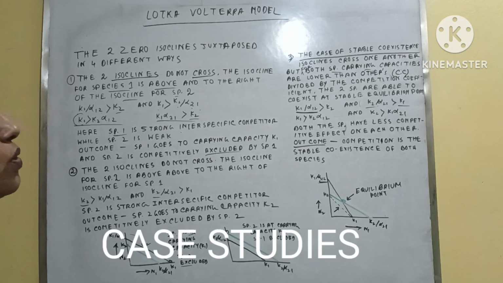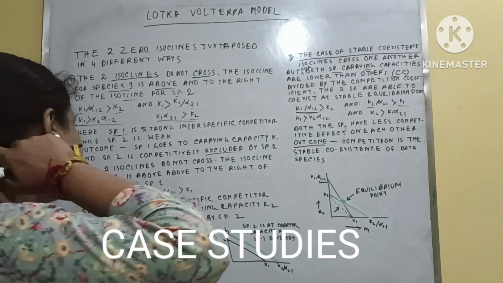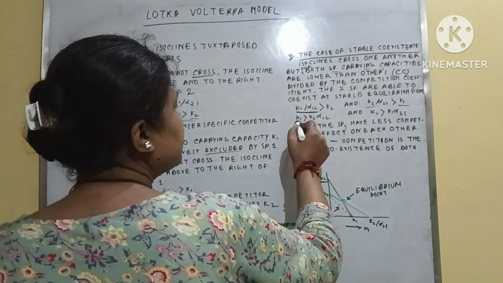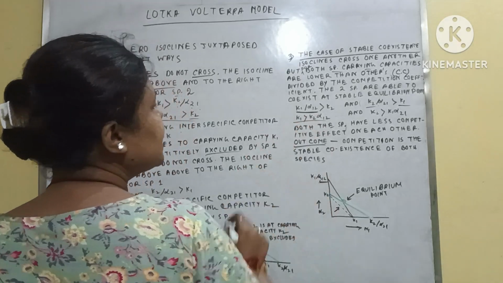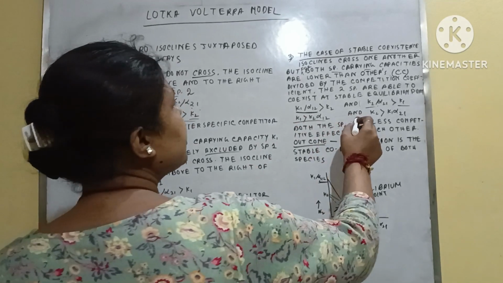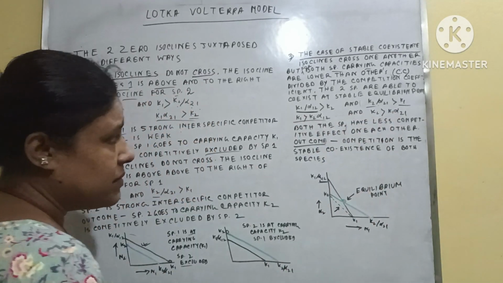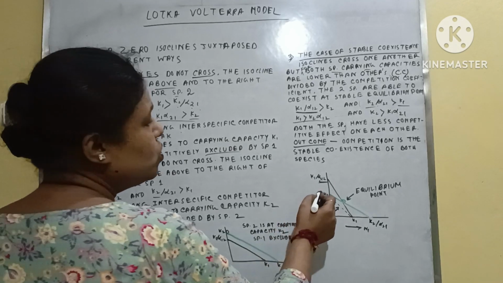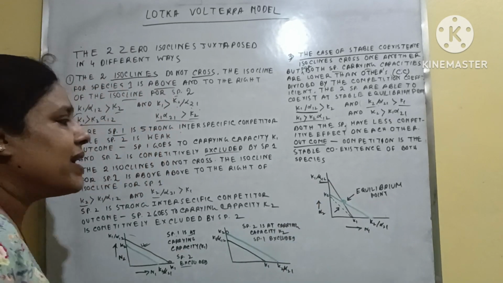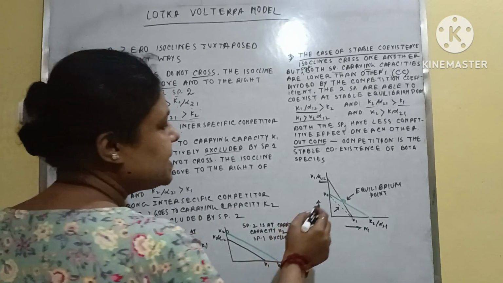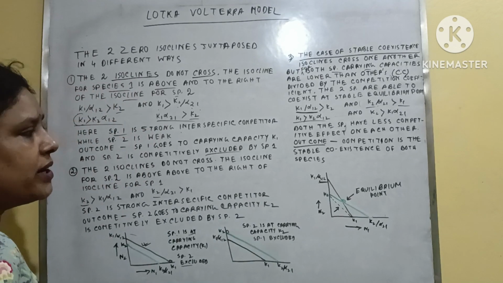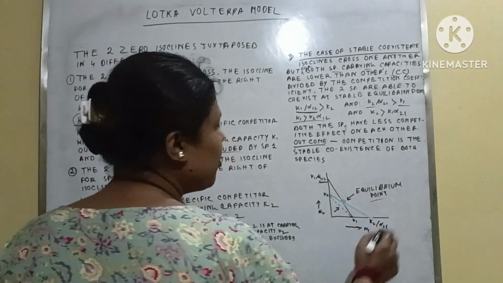Okay, so if you rearrange this, in the first case K1 is greater than, and in the second case K2 is greater than. That's why the two lines intersect at a point, and this point is known as the equilibrium point.